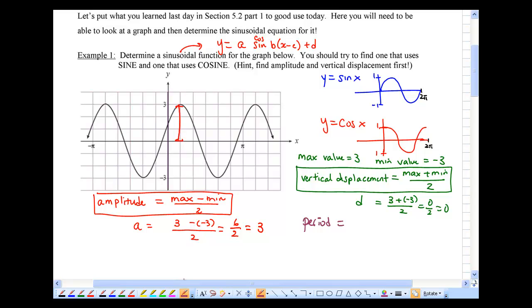It's easy to find the length of one cycle if you compare the top with another top, or the bottom with another bottom. So I'm thinking here is top with top, right? So it looks like 1, 2, 3, 4, 5, 6 spaces. Well, 1, 2, 3, 4, 5, 6 is just pi. So the period in this case seems to be pi.